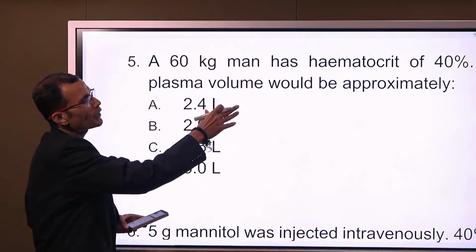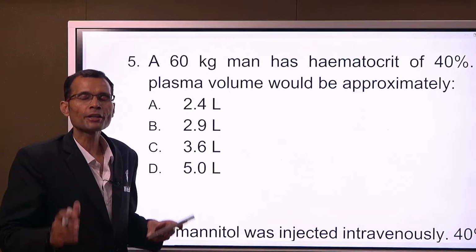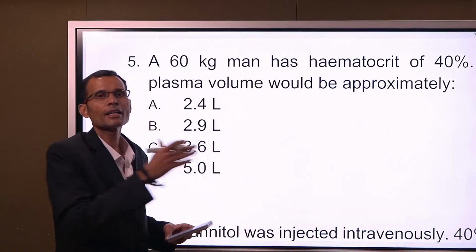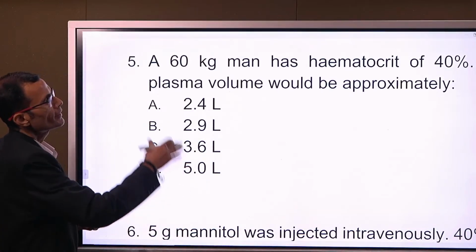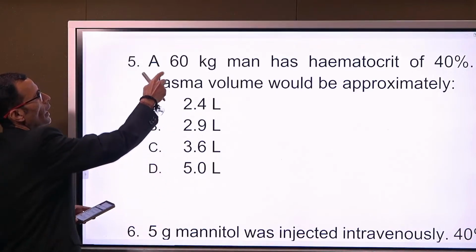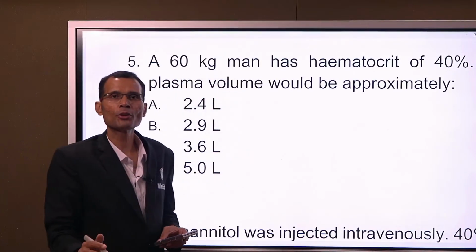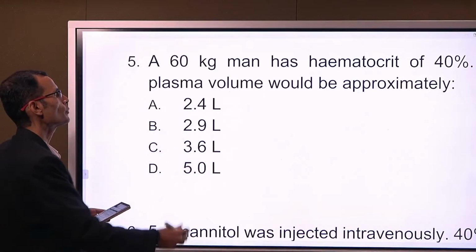So they have already given hematocrit 40%, and in a unit quantity of blood, 40% is volume of cells and remaining 60% is the volume of plasma. So 60% is the volume of the plasma, and they have already given 60 kg man. So then you have to just calculate the 60% and you can derive the plasma volume.